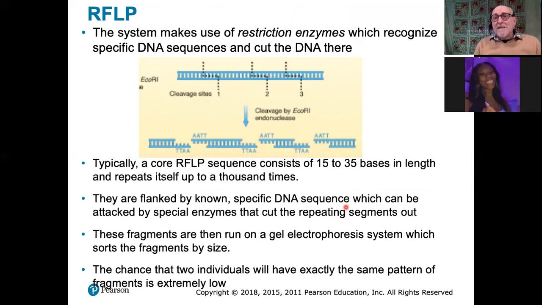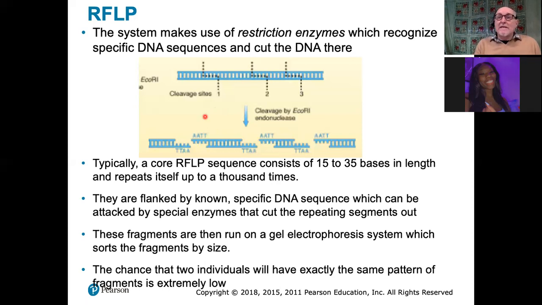And the specific places where we cut are determined by short little sequences of the bases. So, for example, there are many of these enzymes which we can use, which will cut DNA, but they all cut at a specific place. They cut at a unique place.